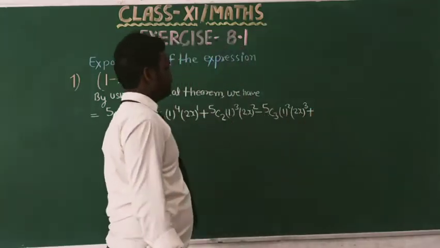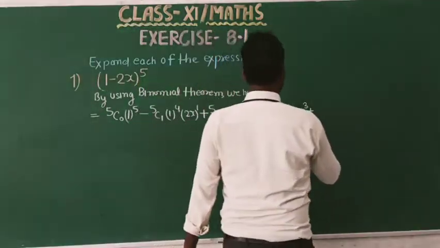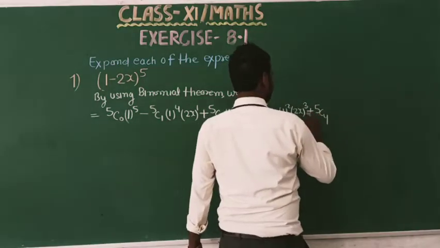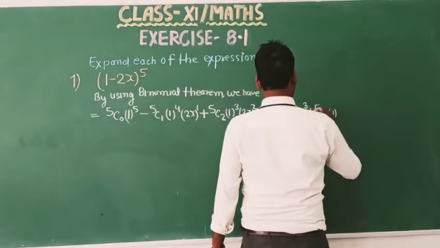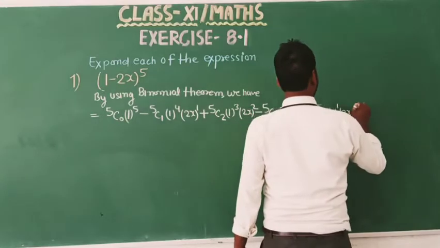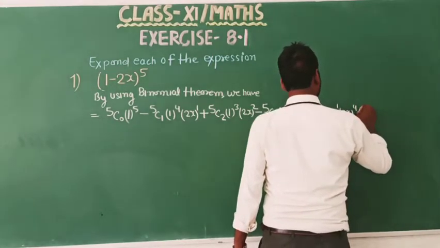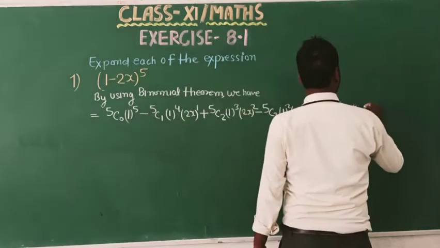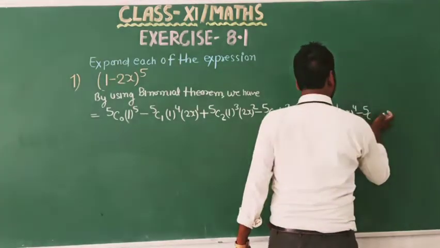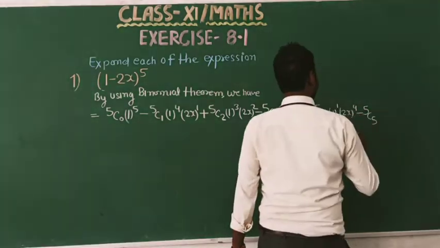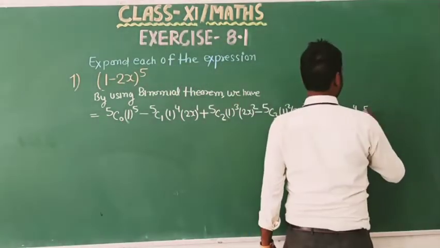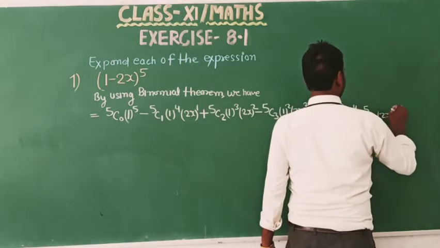And the next term is plus 5C4, 1 to the power 1 and the second quantity is (2x) to the power 4, minus 5C5, 1 to the power 0 means 1 and the second quantity (2x) to the power 5.